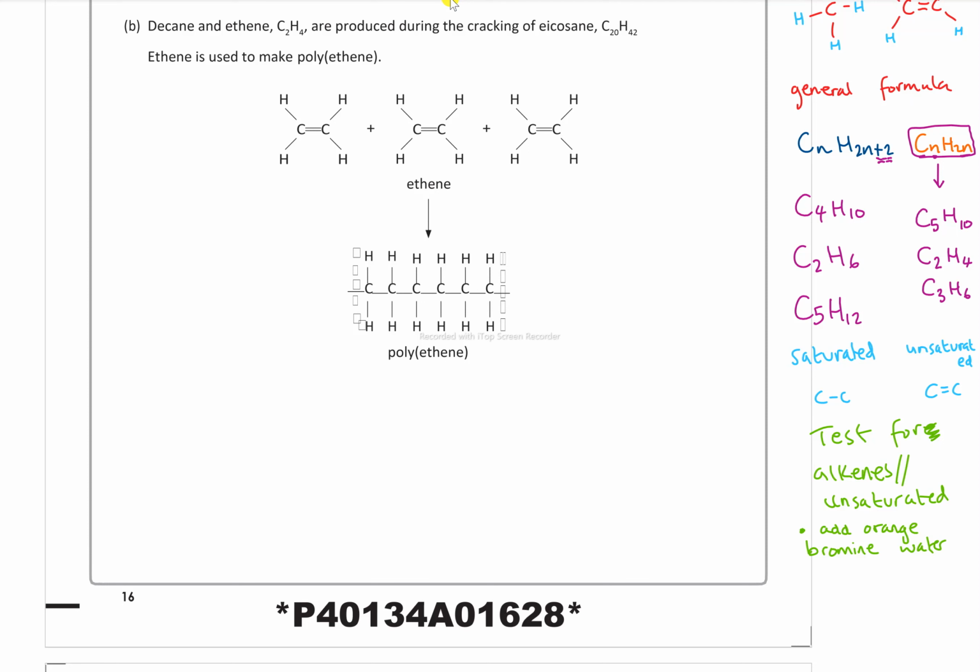Right, step 1, and then step 2, it will turn colorless. Don't put clear. It will turn colorless if alkene is present. Right, leave it like that.